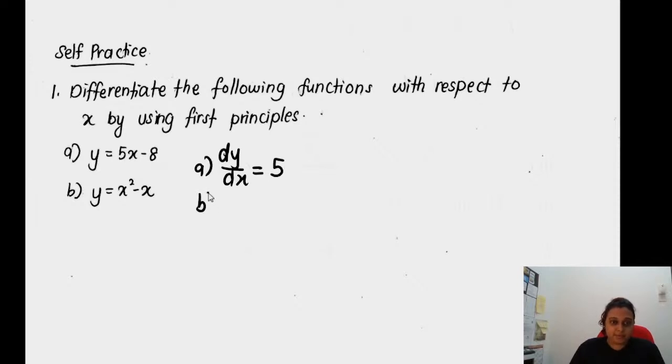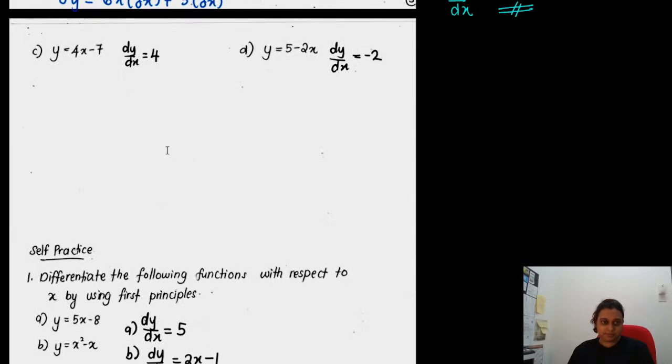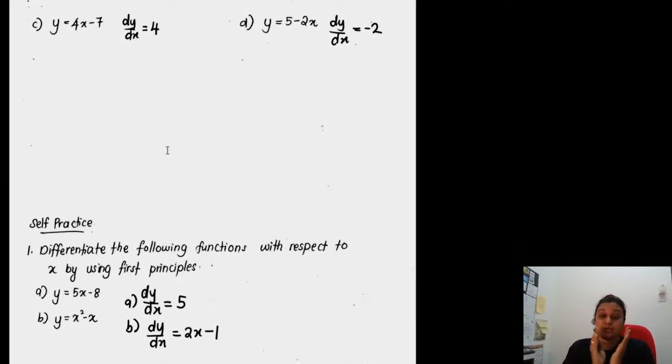For B, your dy dx, you will get 2x minus 1. You can write down all the answers first, because you are just going to use the same steps to do.